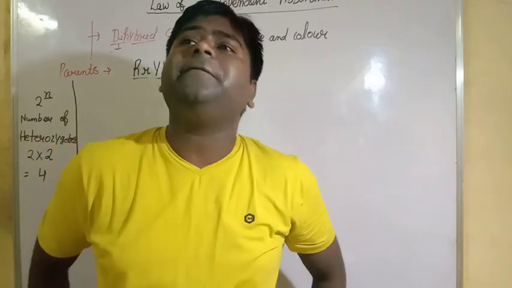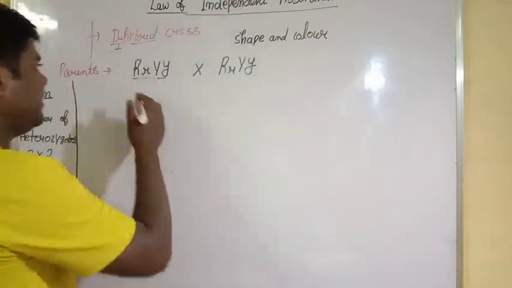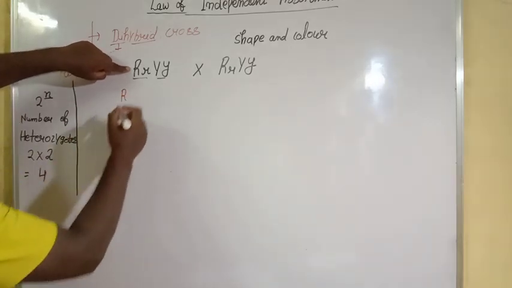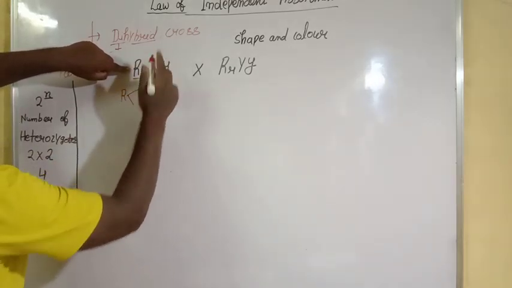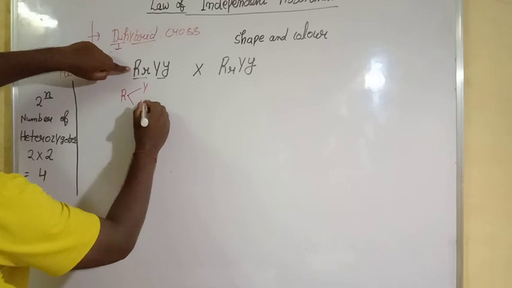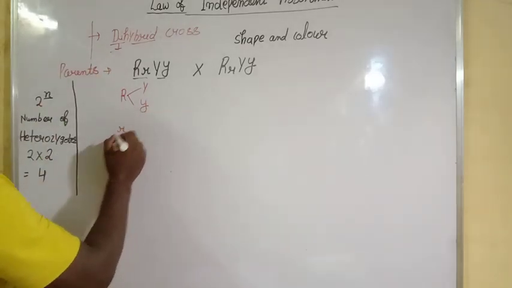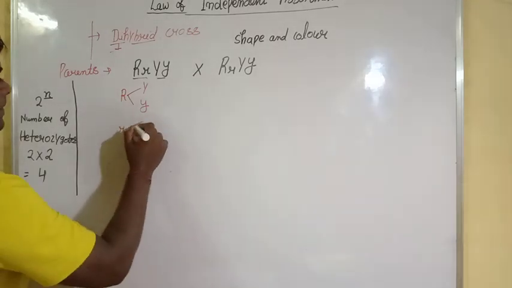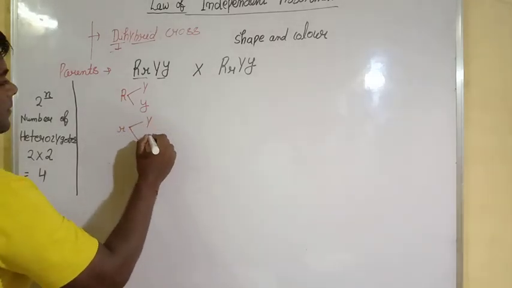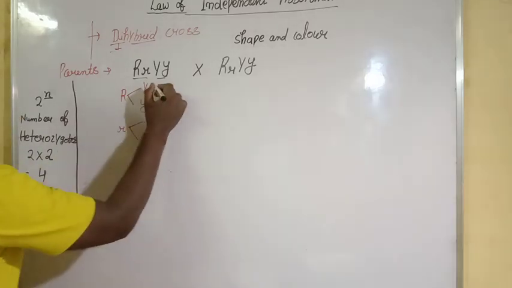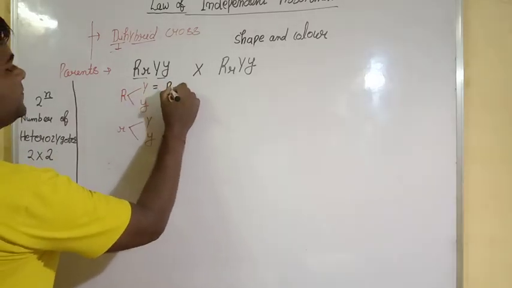Let me simplify. Take one factor and cross with this one. Easy? Then take another, this one, and then you have to combine.